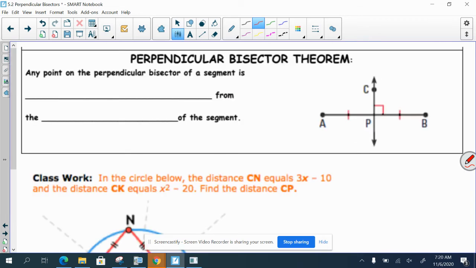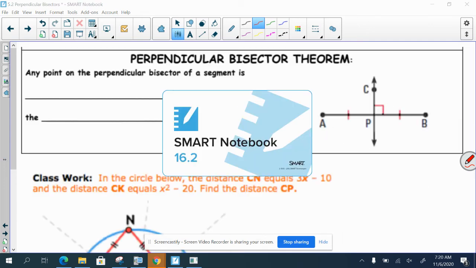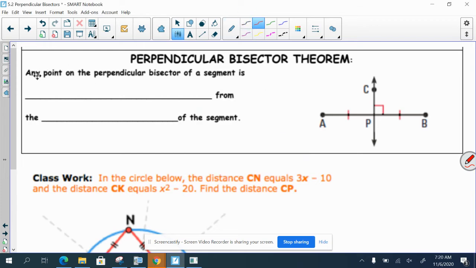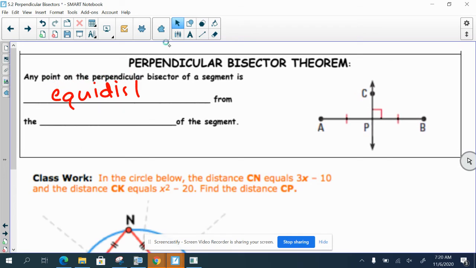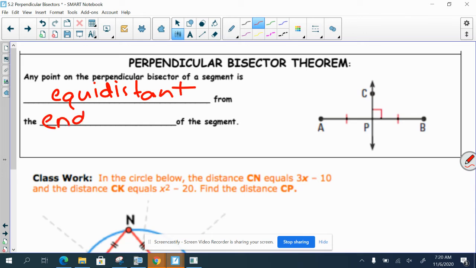Right, and then we kind of went through this already. Perpendicular bisector theorem. Any point on the perpendicular bisector of a segment is equidistant from the endpoints of the segment.